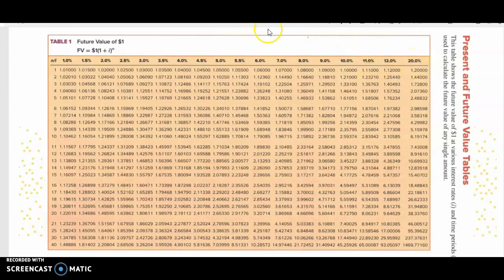So to calculate Cindy's interest for 3 years, the number of periods is 3, and the interest rate was 10%. We're going to run this row over until we find the intersection of row 3 and the column for 10% interest, and we come up with a factor of 1.33100.